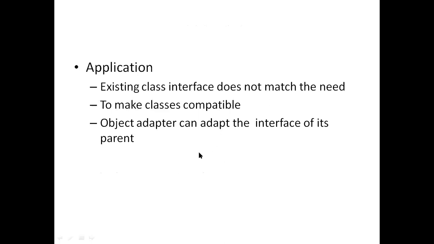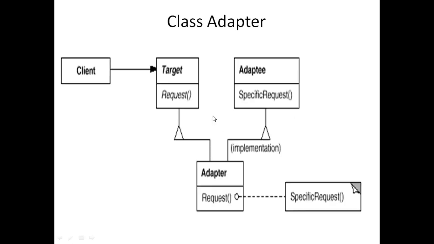The adapter pattern can be used whenever the existing class interface does not match the need. That means whenever the interface is changed but we want to keep it same, we go for adapter pattern. We have two types of adapter pattern. One is class adapter, and the other is object adapter.